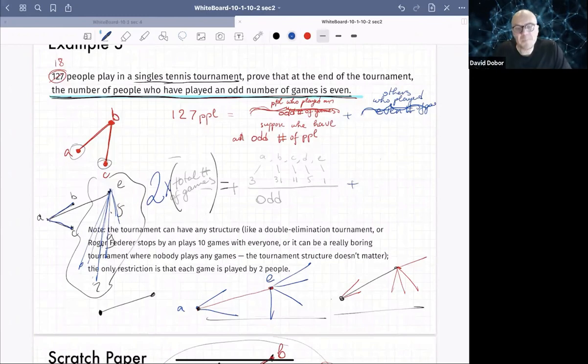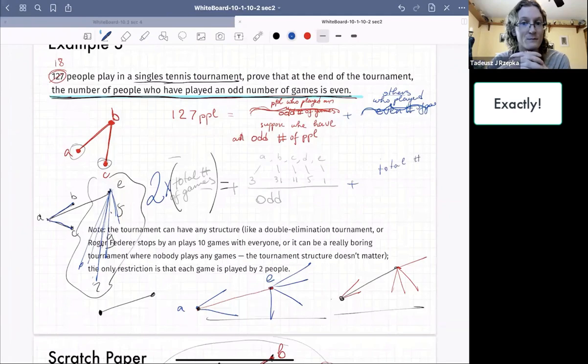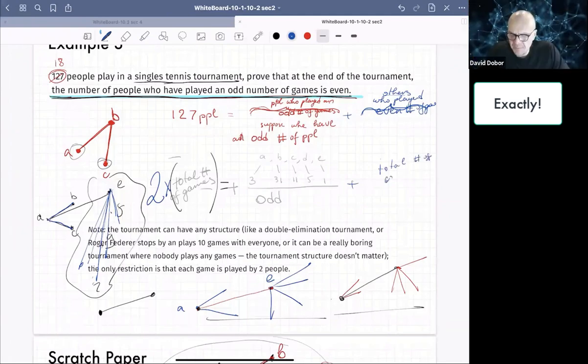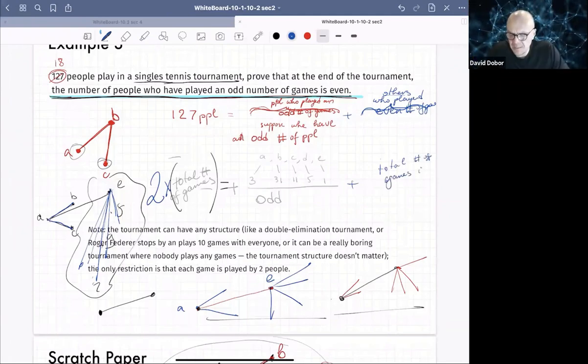Now notice that no matter how many people I have among those others, it can be an even number or an odd number, that doesn't matter. Because they played an even number of games, the total sum of those guys is even.